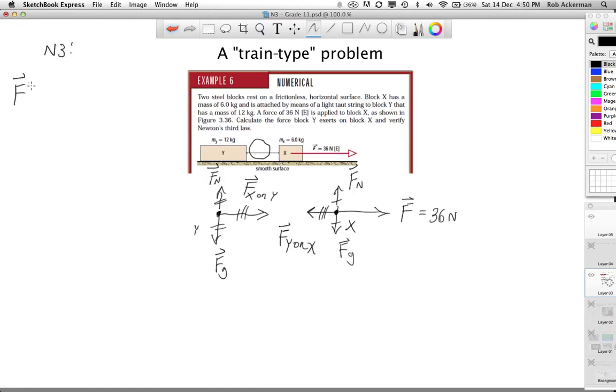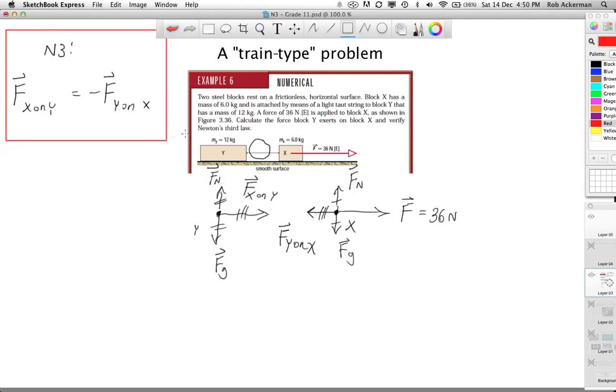In other words, the force of X on Y is equal to the force of Y on X, except in the opposite direction, so a negative sign. This is very important. We're going to come back to this formula very shortly, so don't forget it. Very important. I'll highlight it in red so you don't forget.